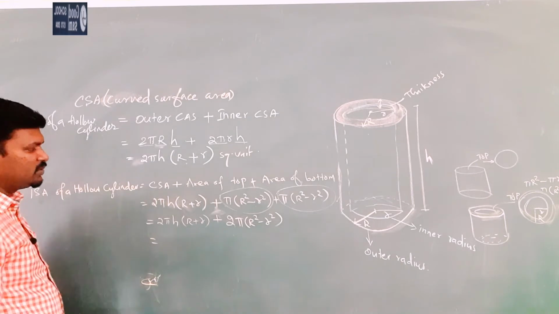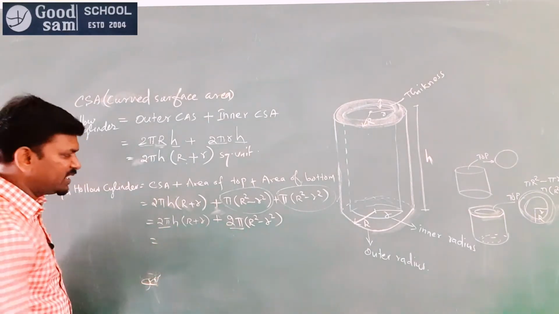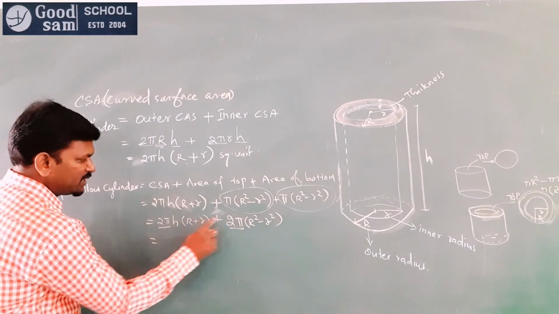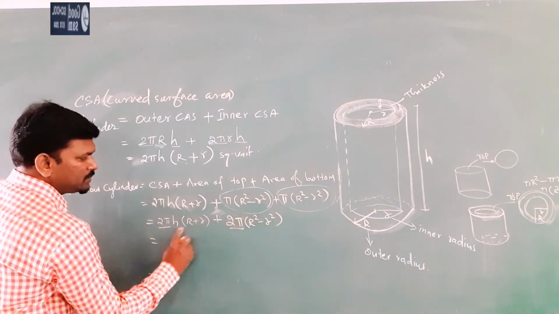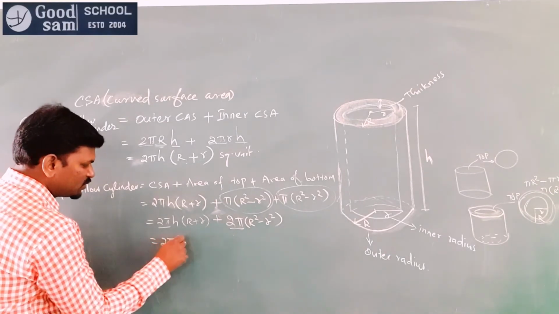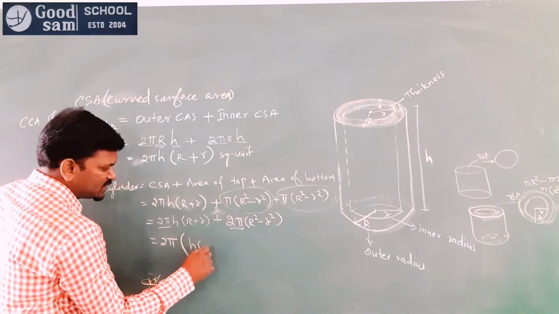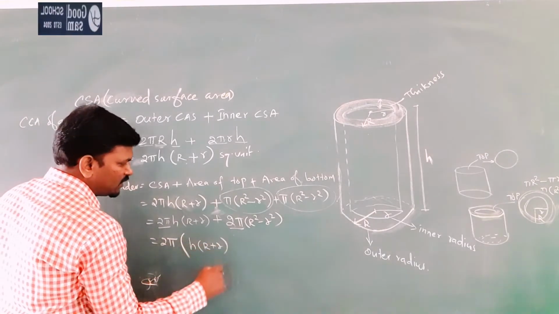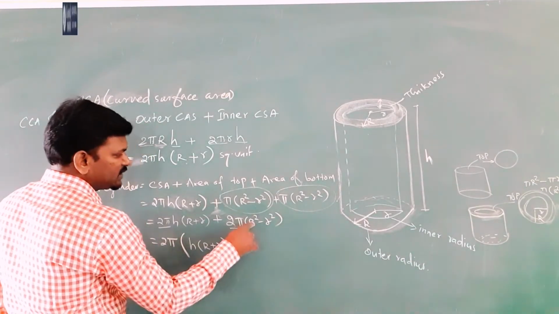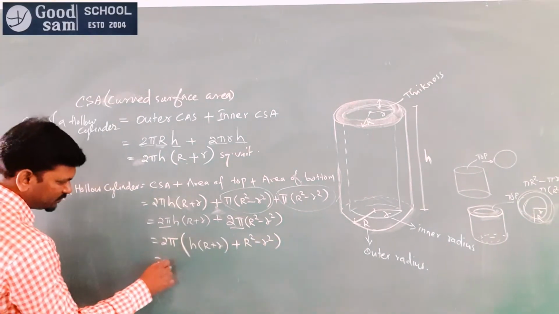So now we have to take the common factor. 2 pi is the common factor; this is one term, this is another term. In both the terms 2 pi is common. 2 pi into the remaining: h into R plus r, plus R square minus r square.